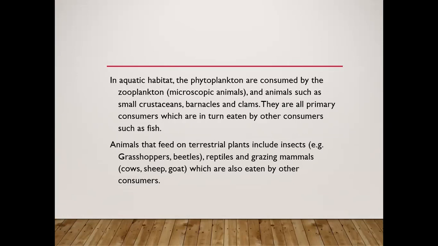Then they have to be fed upon by primary consumers. Examples of primary consumers are zooplankton, which are also microscopic animals. Then we have small crustaceans, barnacles, and clams. That is not the end.